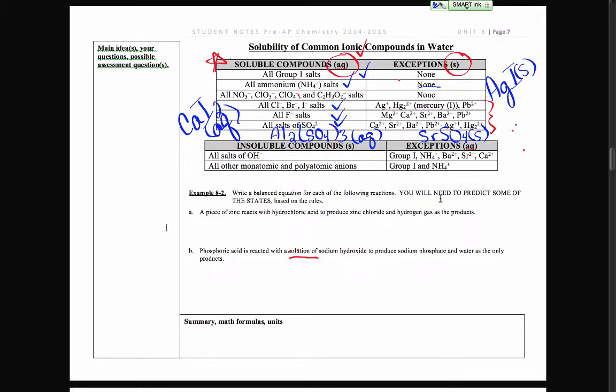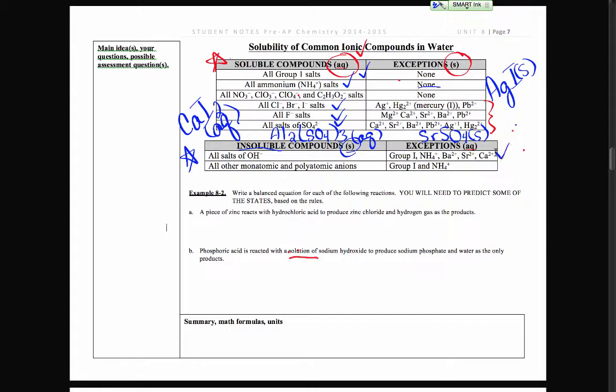All right. The other rules say the compounds are generally insoluble, but we can't break the rules we just learned. So all salts of hydroxide are insoluble. Insoluble, remember, means does not dissolve, so we would put a solid after it.